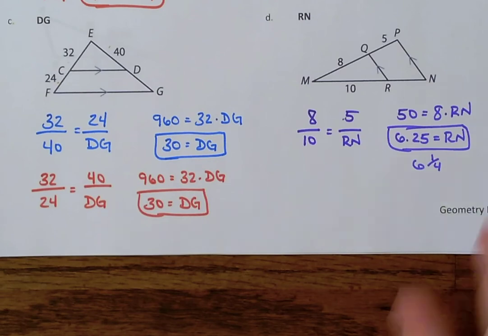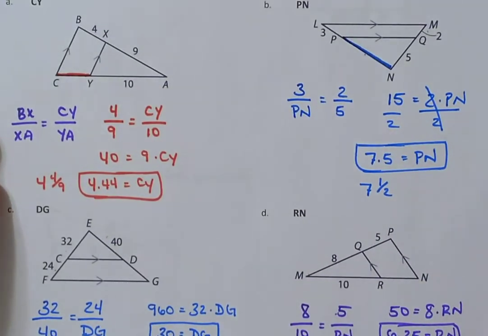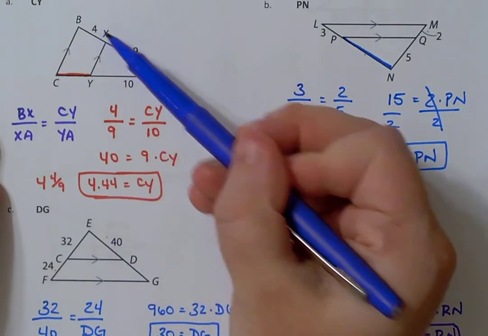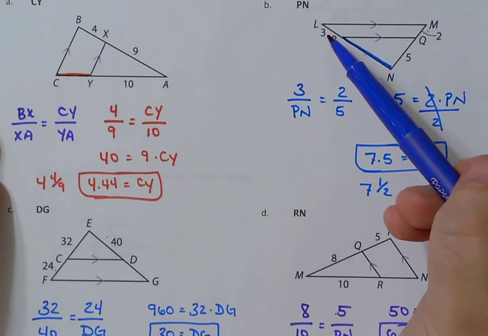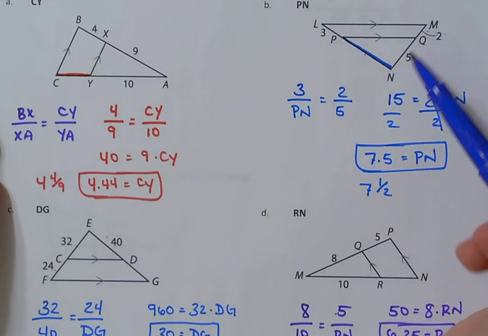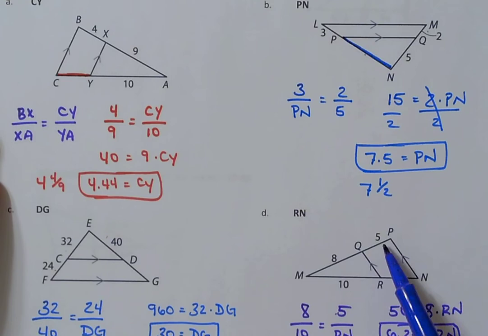So again, you can either set it up like we did with A and B, where we did 4 over 9 equals CY over 10, or 3 over PN equals 2 over 5, or we could do 32 over 40 equals 24 over DG, or 8 over 10 equals 5 over RN.